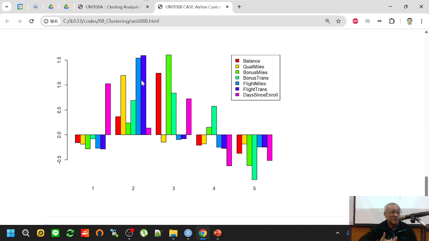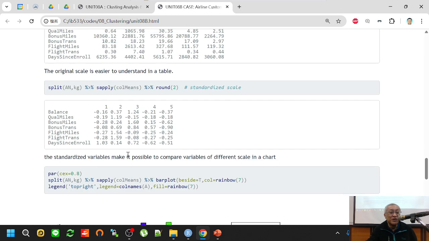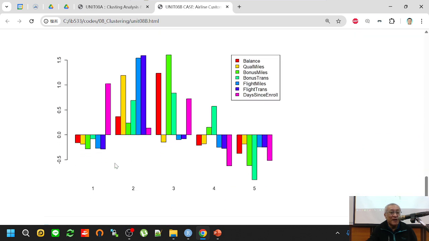You want to give them a lot of care, right? Give them VIP, give them whatever. You try whatever you can to retain them, isn't it? Right? So as you can see, after we do the clustering, we can see the different characteristics of different customer groups.